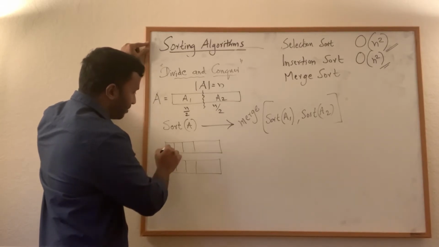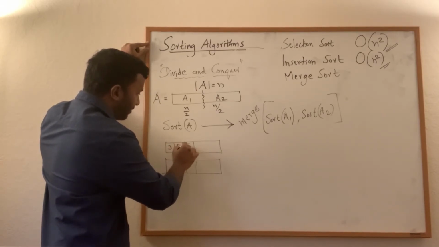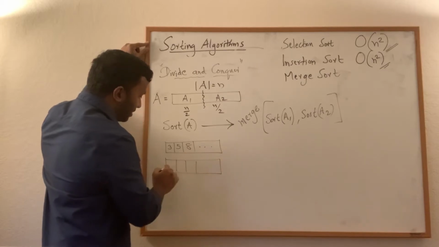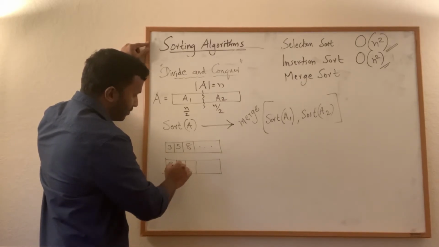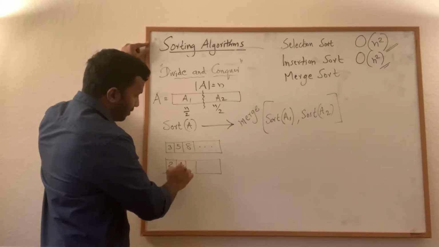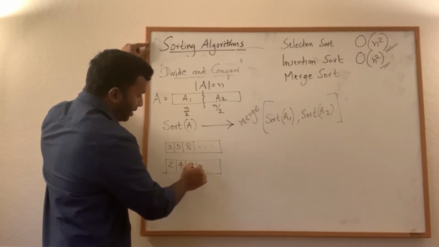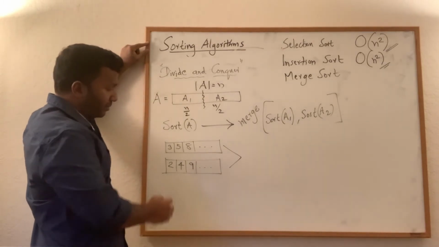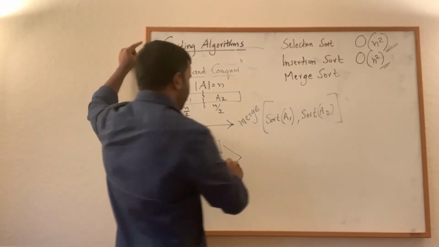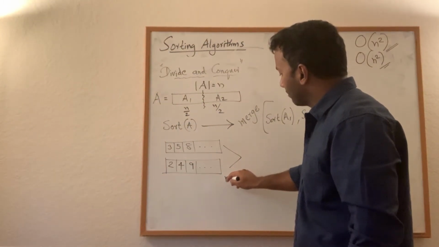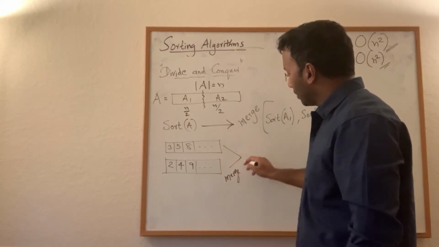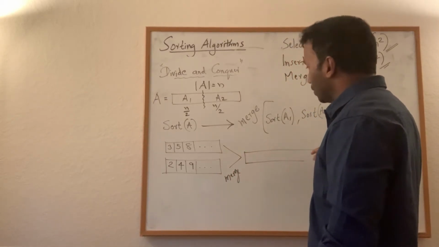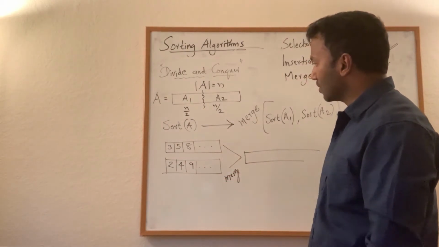So let me just put some numbers, 3, 5, 8, etc. and 2, 4, 9, etc. And you want to merge them, both are sorted and you want to merge them and make a new array which is again sorted.